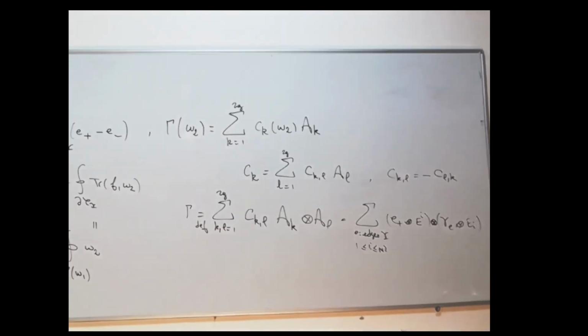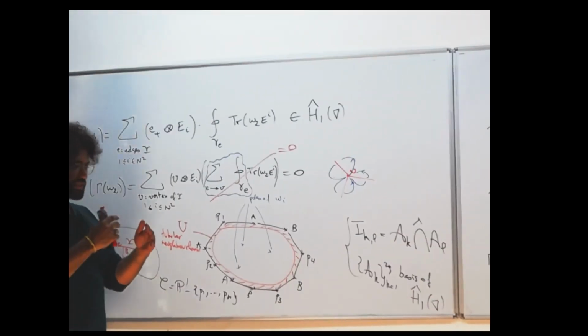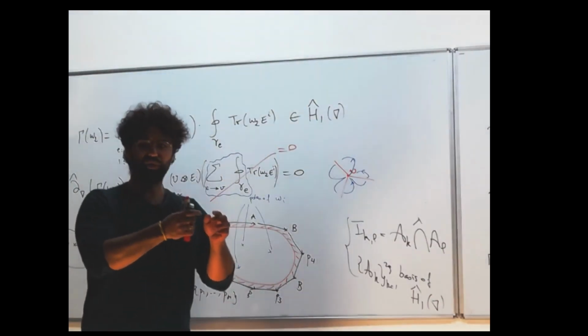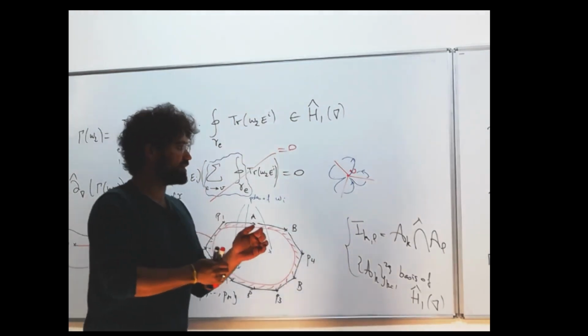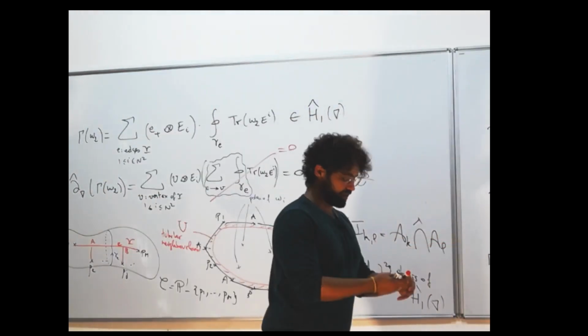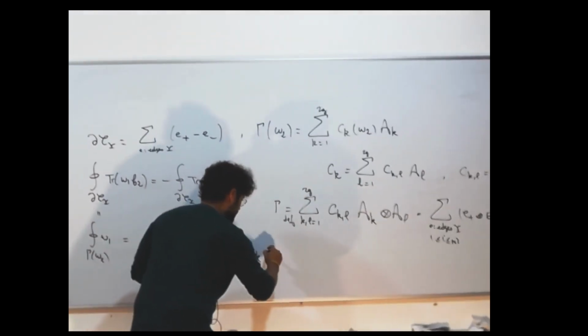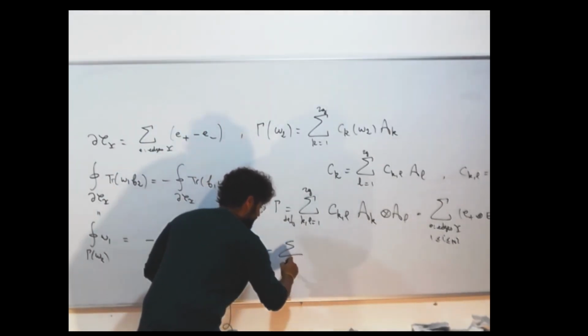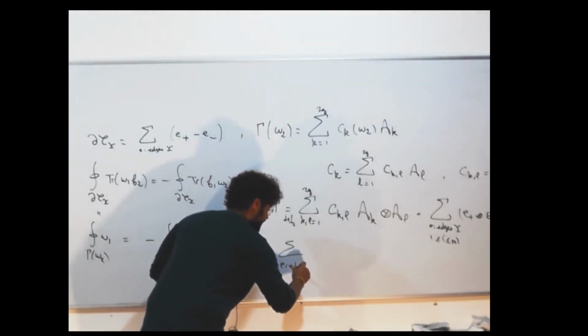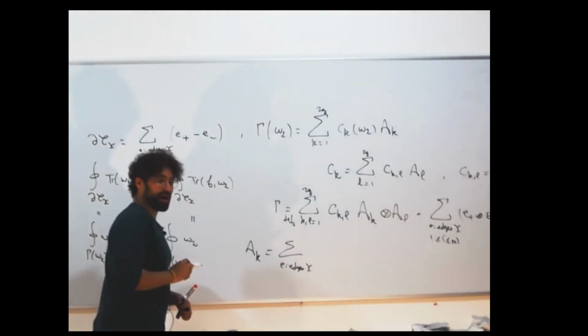So now what you can do is homotopically deform the chains on the base in such a way that an element of the basis AK can be written as a sum over the edges of the graph.